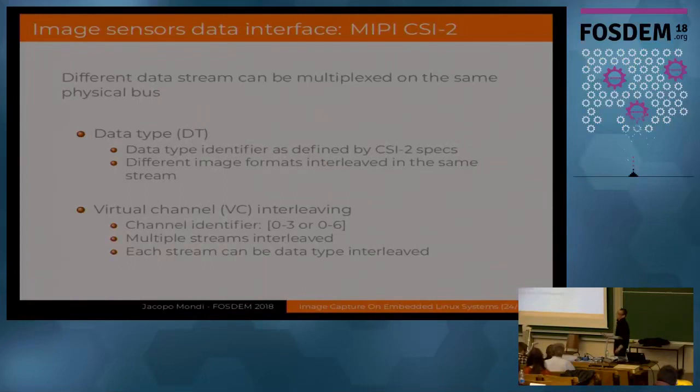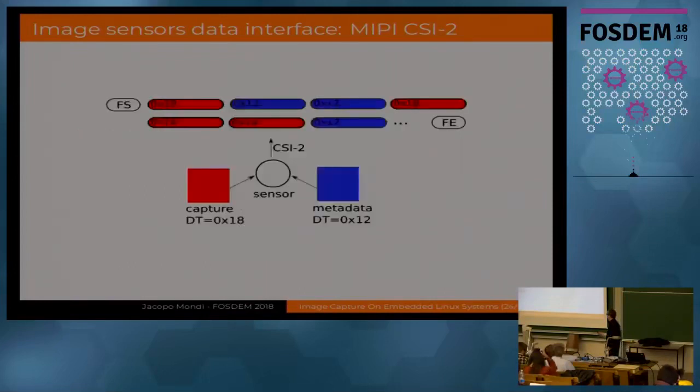Of course, you can have data type interleaving on top of virtual channel interleaving. If you take a simple use case, you can think about a sensor that transmits captured images and along with that produces metadata. Metadata tells you, let's say, the exposure time used to capture an image and other details.